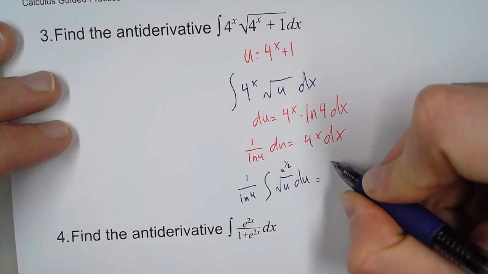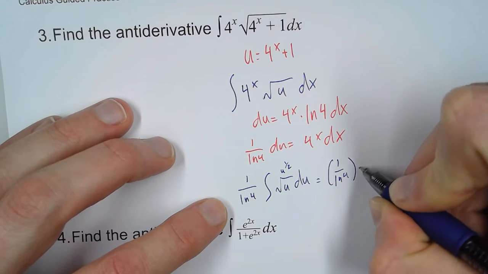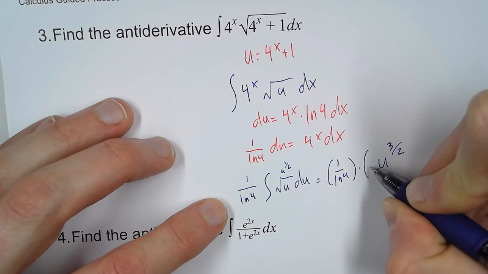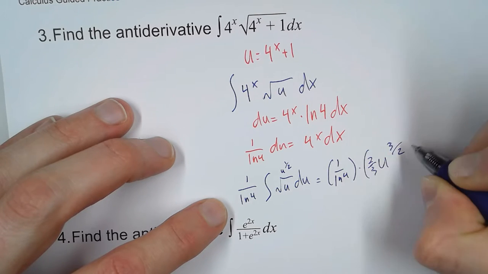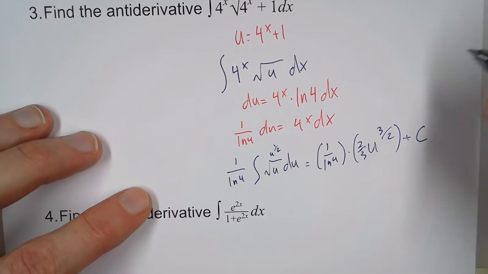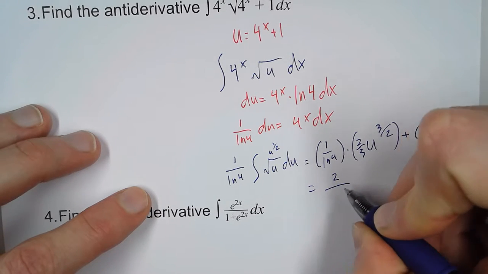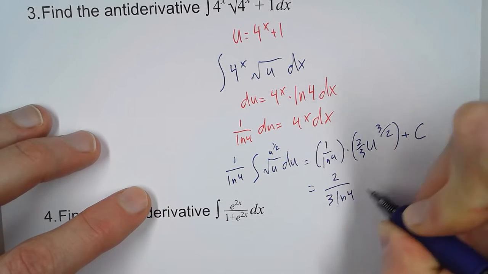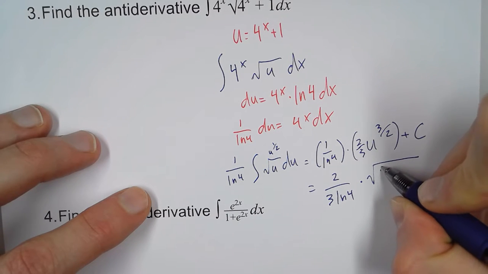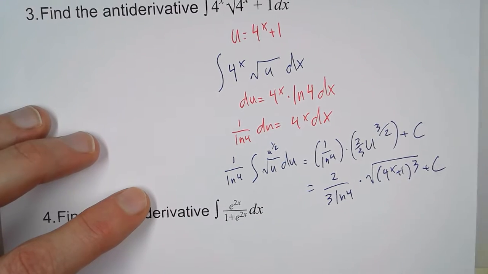This coefficient's going to follow with it: 1 over ln of 4 times, so u to the 1/2 becomes u to the 3/2 times 2/3 plus c. So now we'll combine these two coefficients: 2 over 3 ln of 4 times the square root of quantity 4 to the x plus 1 cubed plus c.